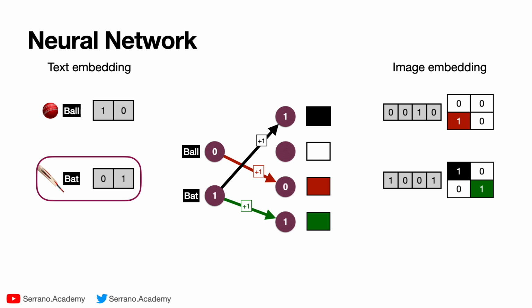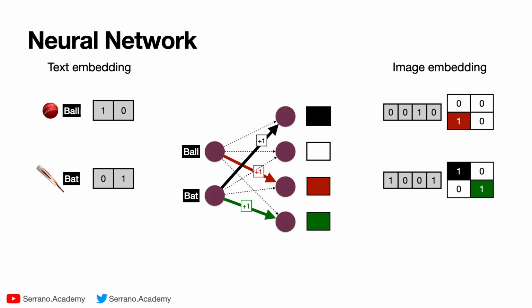And there's no edges going into the other node, so that node gets a 0. And so therefore, bat, which is the vector 0, 1, goes to the vector 1, 0, 0, 1. And that's precisely the image of a bat. And so this neural network does the job. And all I need now is to add zeros for all the other edges. And now I have my neural network that takes the ball in the text and sends it into the ball in the image, and the bat in the text and sends it into the bat in the image.